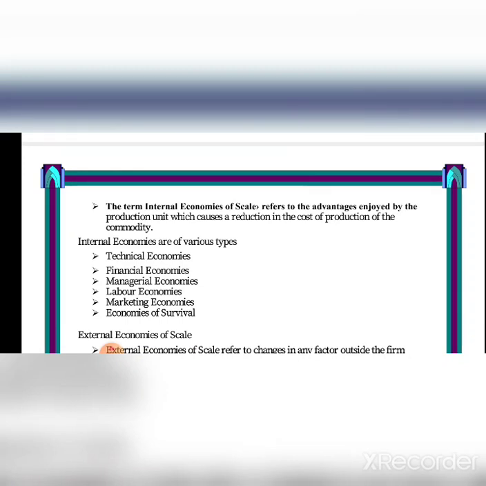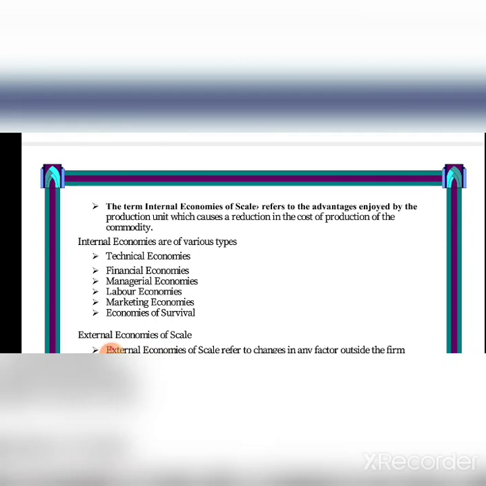Technical economies: when the size of the firm is large, a large amount of capital can be used. And next one, financial economies. Financial economies by big firms: big firms can float shares in the market for capital expansion, while small firms cannot easily float shares in the market.